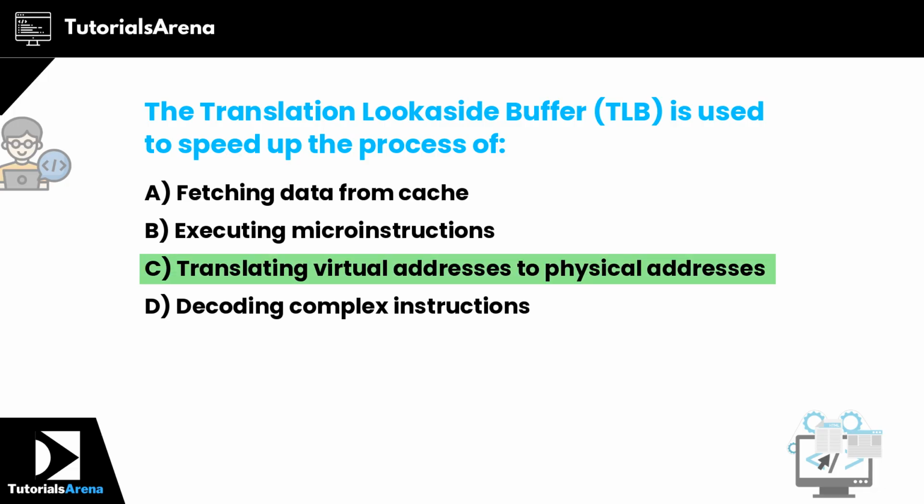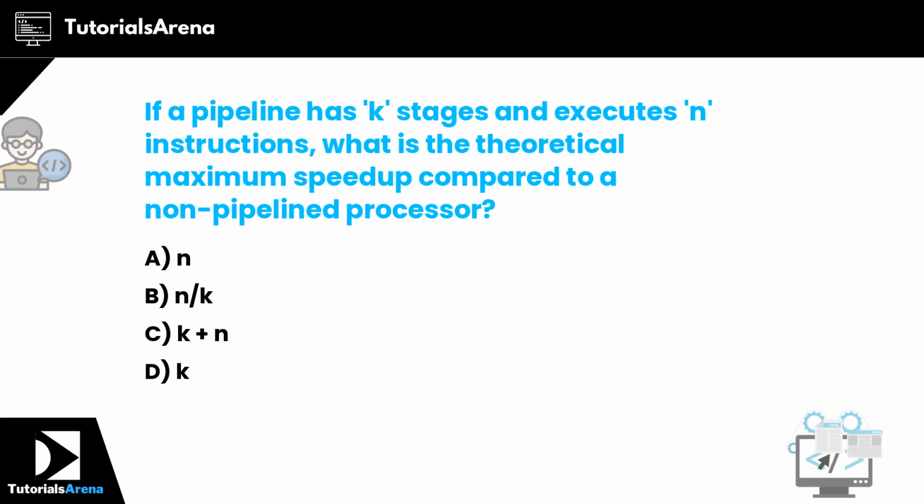The correct answer is option C, translating virtual addresses to physical addresses. If a pipeline has k stages and executes n instructions, what is the theoretical maximum speedup compared to a non-pipeline processor? The correct answer is option D, k.